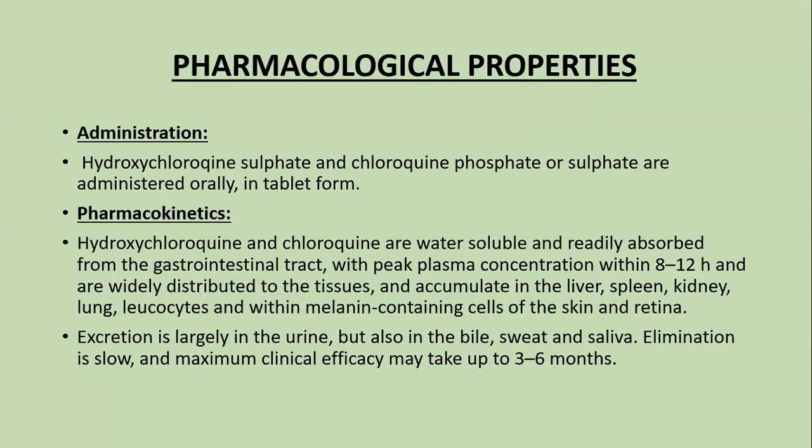Pharmacological properties. Administration. Hydroxychloroquine sulfate and chloroquine phosphate or sulfate are administered orally in tablet forms. Pharmacokinetics. Hydroxychloroquine and chloroquine are water-soluble and readily absorbed from the GI tract, with peak plasma concentration reached after 8 to 12 hours, and widely distributed in tissue and accumulate in liver, spleen, kidney, lung, leukocytes, and within the melanin-containing cells of the skin and the retina.